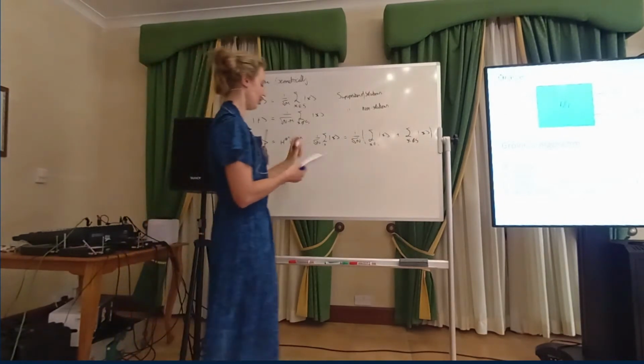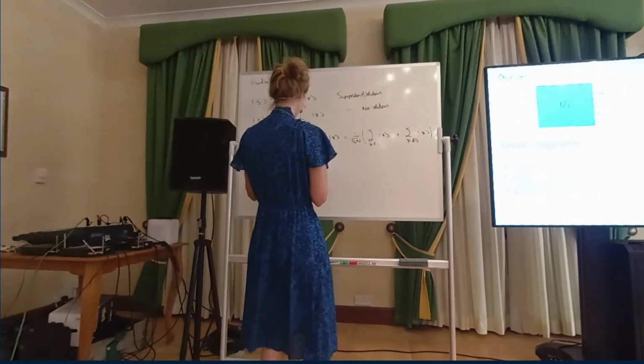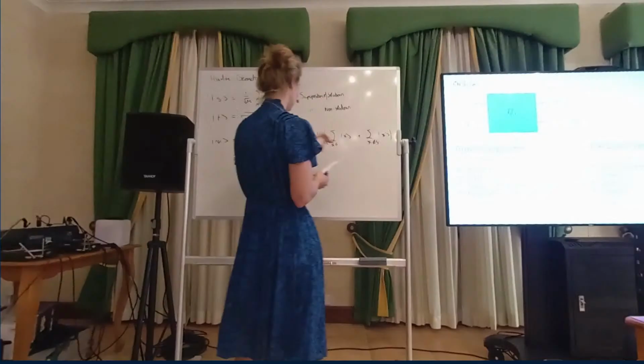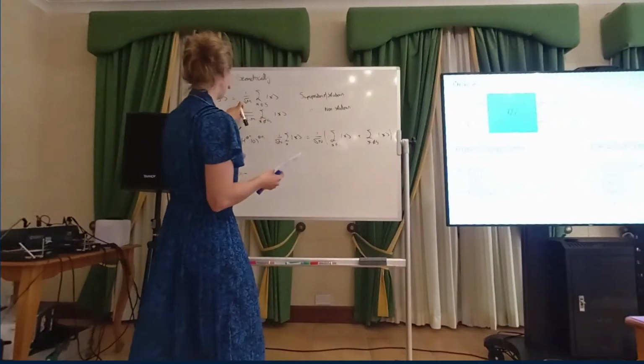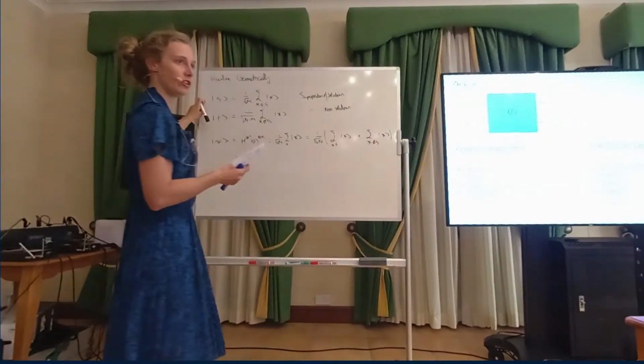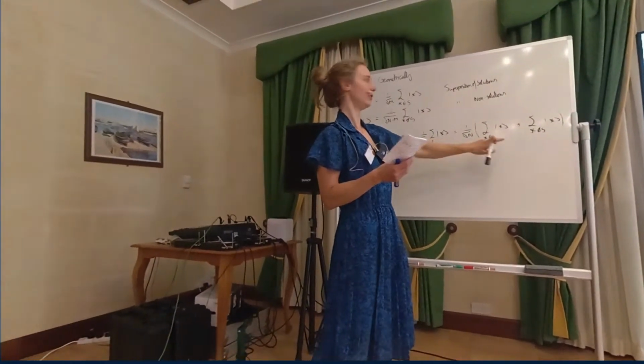So just basic algebra, we can write this as, if you multiply this through by square root of m, you're going to get this thing out.